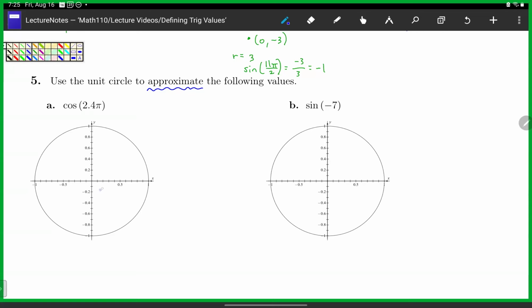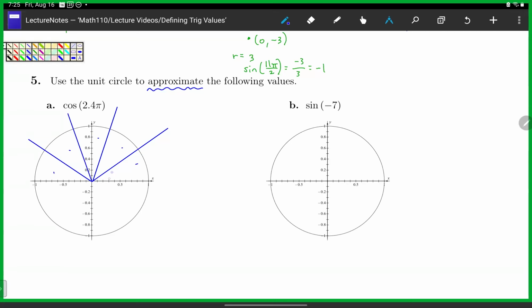So 1, 2, I'm going to go up top. So I'm going to do something like that. I think that's roughly 5 equal pieces. 1, 2, 3, 4, 5 equal pieces.